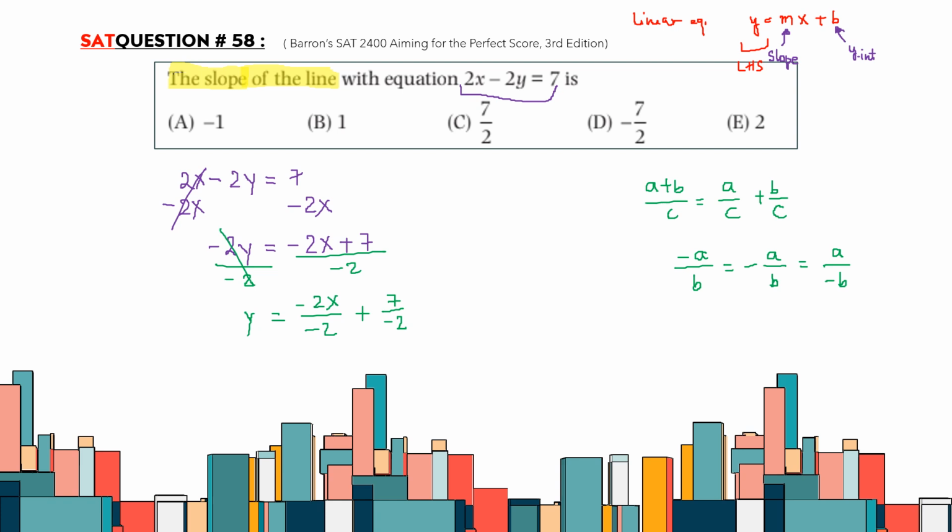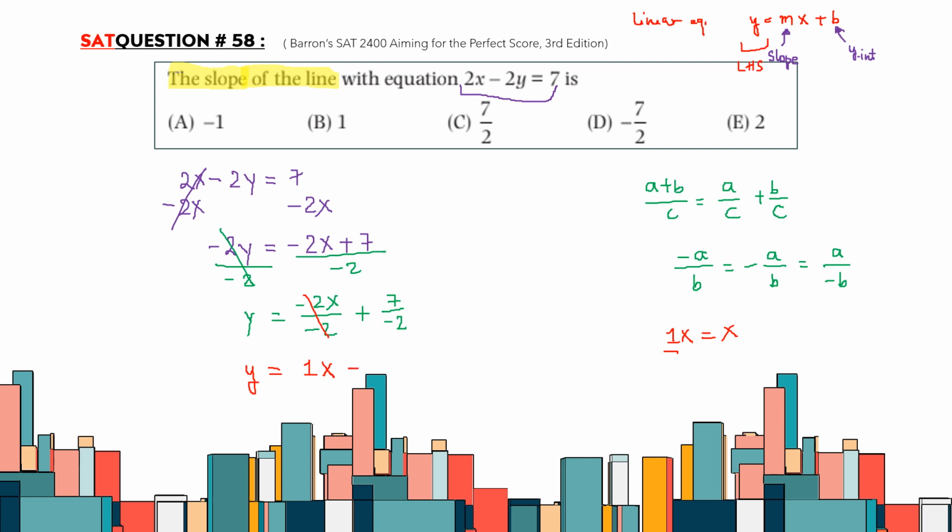So we rewrite one more time. y equals, that negative 2 over negative 2 makes it 1x. Remember, if I write 1x, it's the same thing as x, but in this case I still write 1 because I want you to see it easily, matching with the linear equation form.